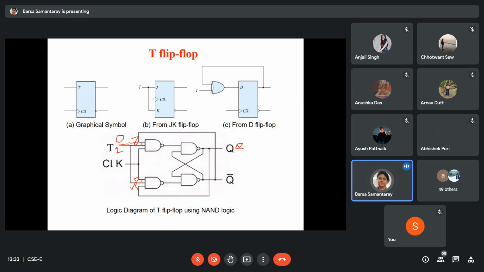We are checking that Q and Q bar should be complement of each other. लेकिन हम लोग का आउटपुट 2 आउटपुट नहीं है, हम लोग एक ही आउटपुट कंसिडर करेंगे.